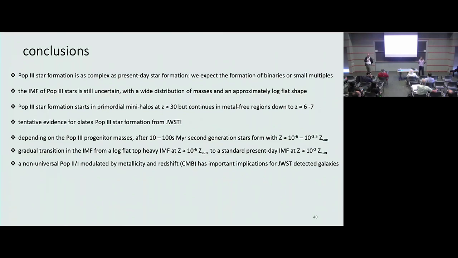What we clearly see, and I think this has been shown by several simulations, is that as you change these environmental conditions, the masses of the clusters that you form increase. So you have a completely different mode, a much larger cluster of potential Pop III stars. Then whether this also affects the mass spectrum is still to be understood.